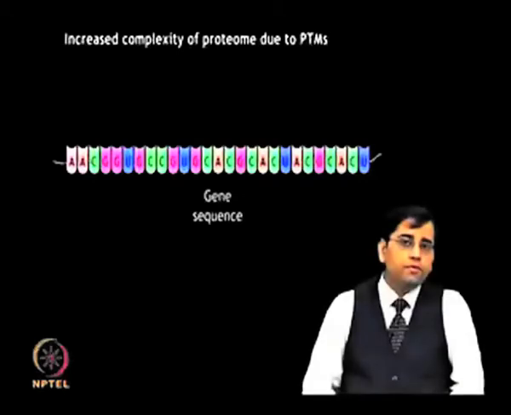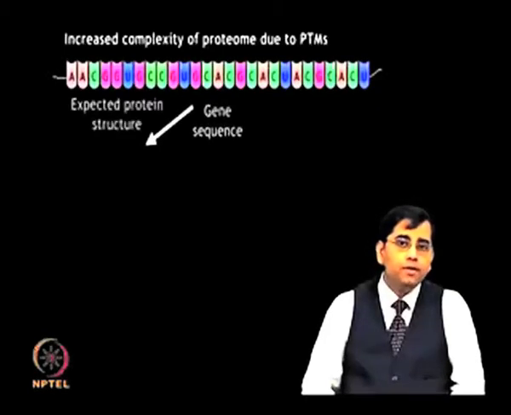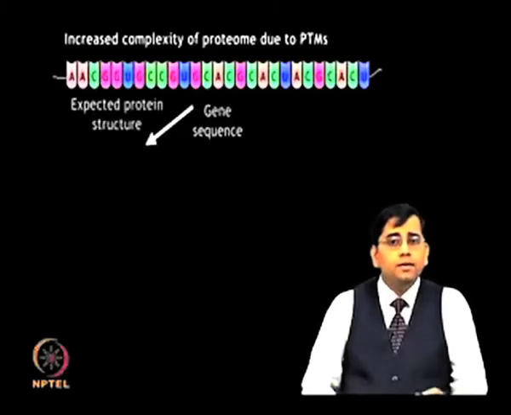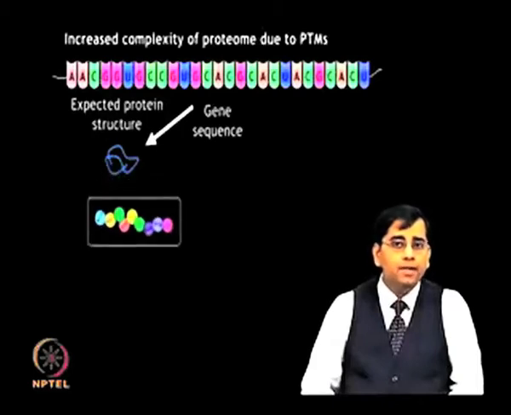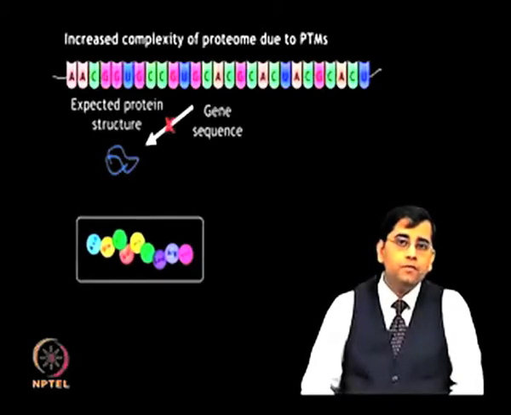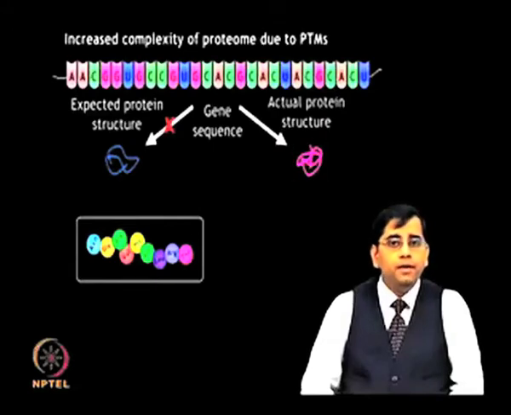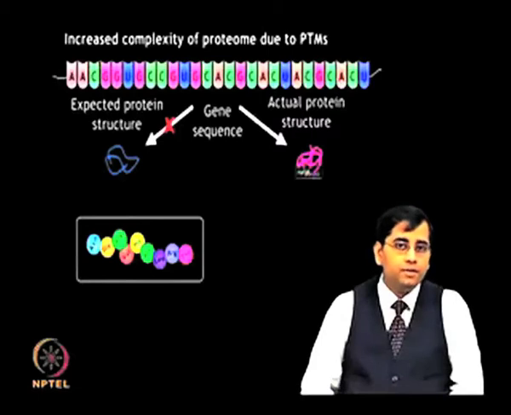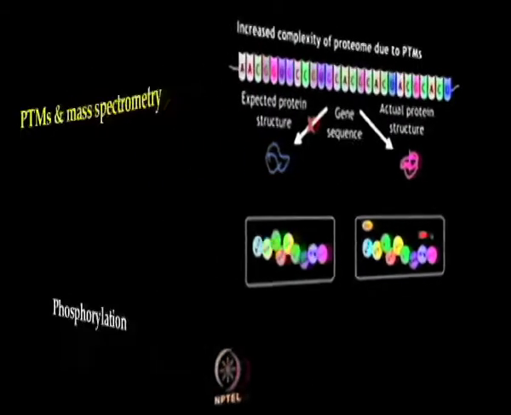The final structure of functional proteins most often does not correlate directly with the corresponding gene sequence. This is because of PTMs that occur at various amino acid residues in the protein, which cause changes in interactions between the amino acid side chains, thereby modifying the protein structure. It further increases the complexity of the proteome as compared to the genome.